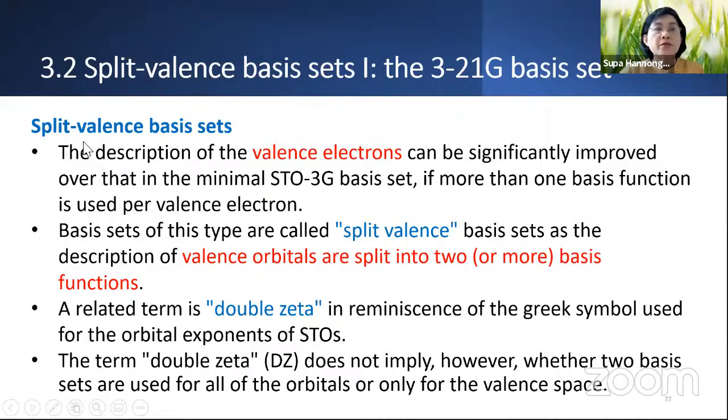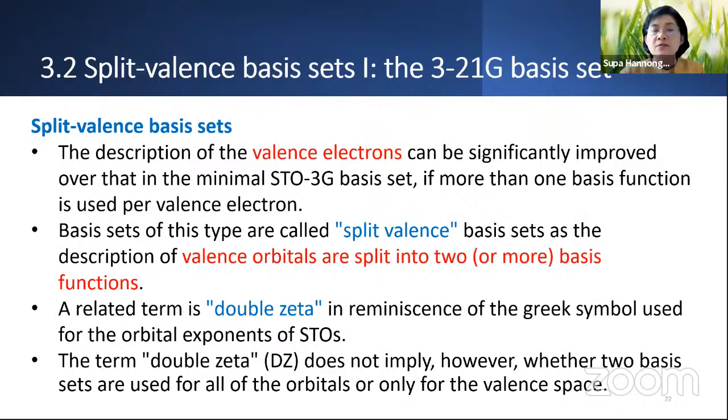And what about the split valence basis set? Now look, still in the GTO, the description of the valence electrons. I highlight the red color over here because we now consider valence electrons. You may remember how many electrons are in the atoms.